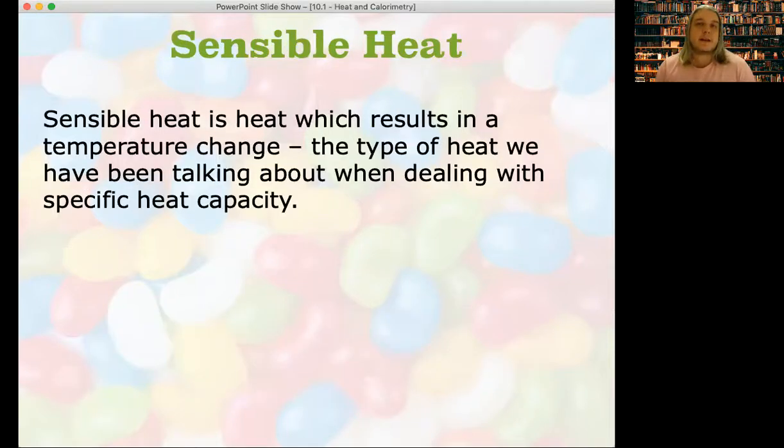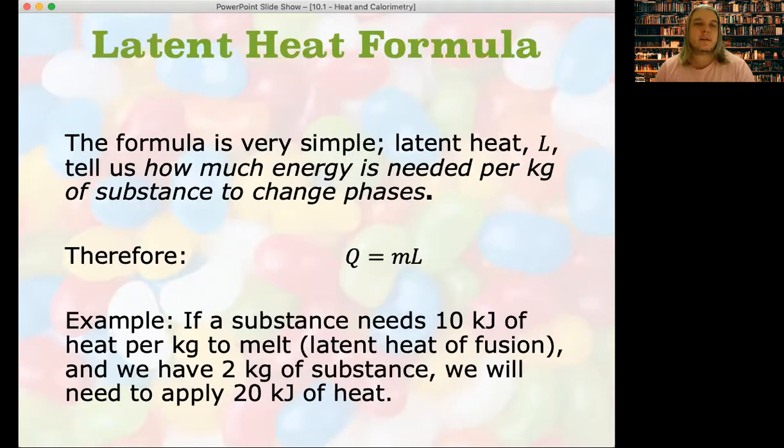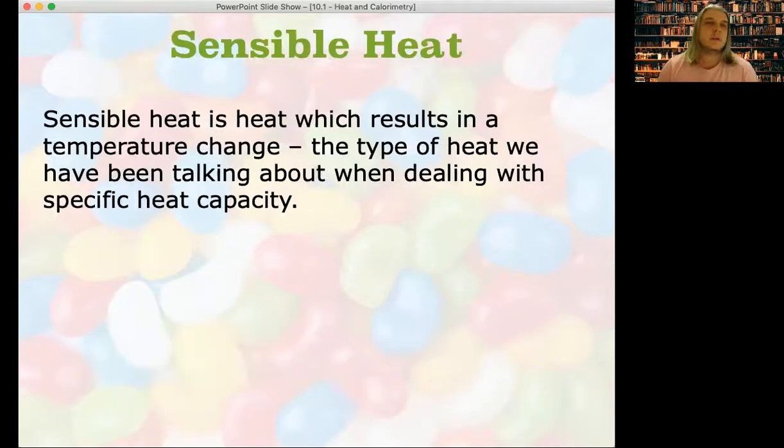Now that we've defined latent heat, right, so that was latent heat. Latent heat is the energy required to perform a phase change. Sensible heat is a term that we came up with to apply retrospectively to the bit we've already told you about. We talked about heat that results in a temperature change. We call that sensible heat, because that's what we expect to happen.